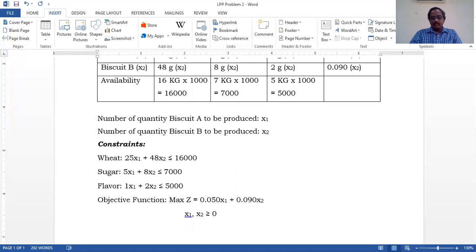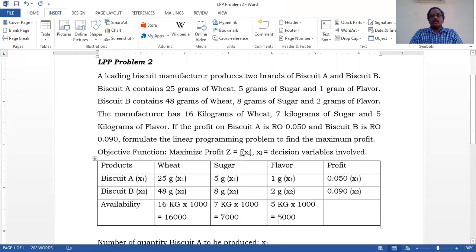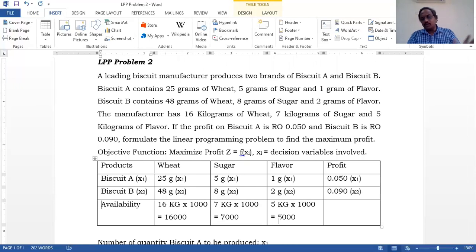Understand the main idea? You have to read the problem, identify the objective function, and form a table for your comfort. In the first row you are going to take x1, the second row you are going to take x2. If you are having more products, you can keep adding x1, x2, x3, x4, and so on. At the bottom you are going to write the available resources.